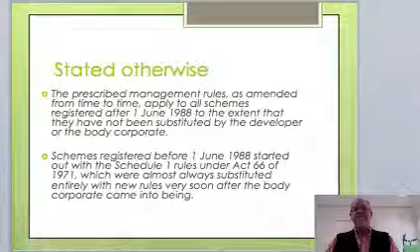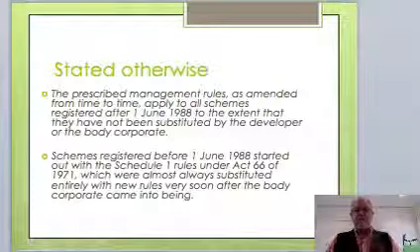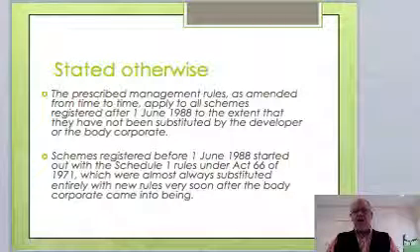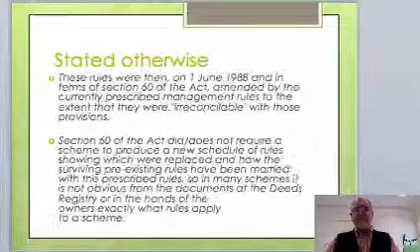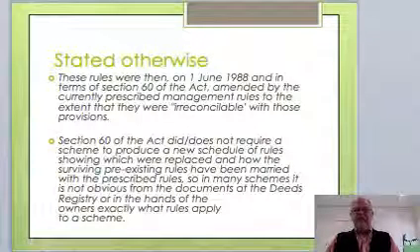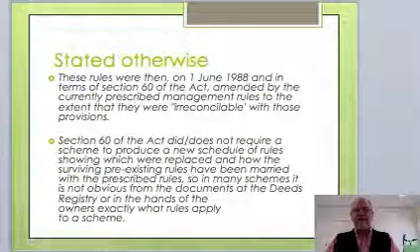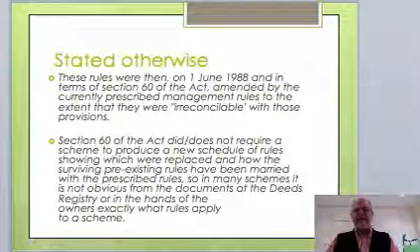When we look at schemes registered before the 1st of June 1988, they started out with the Schedule 1 and 2 rules under the old Act, which were almost always substituted entirely with new rules soon after the body corporate came into being. These rules were then on the 1st of June 1988, in terms of Section 60 of the current Act, amended by the currently prescribed management rules to the extent that these were irreconcilable with those provisions.